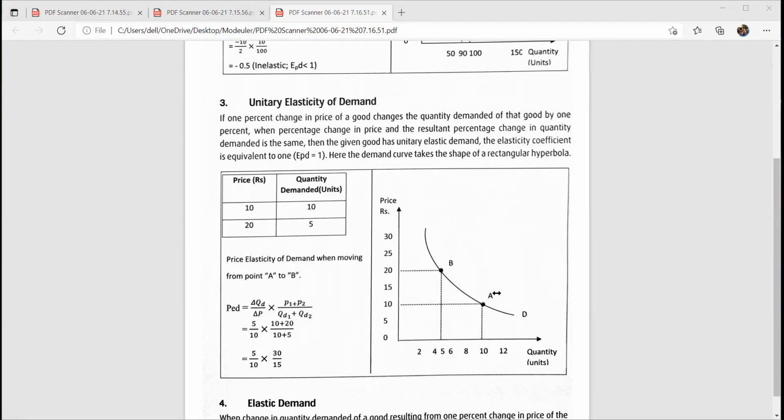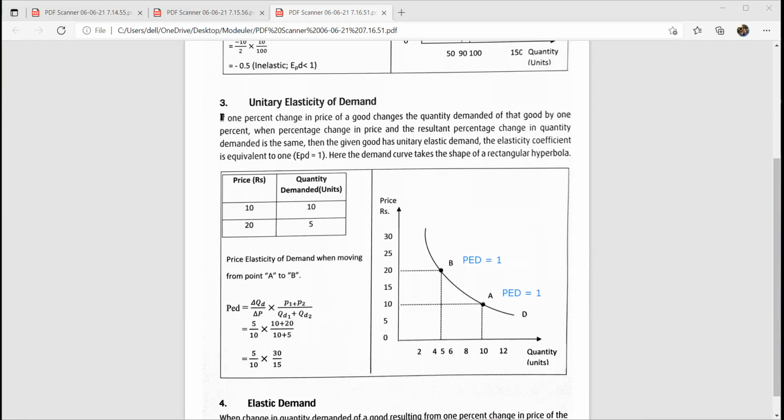Here, the value of PED equals 1. Even at this place, the value of PED equals 1. Throughout the diagram, it is the same. So it is said to be unitary elastic. When there is unitary elasticity, the value of PED is the same.